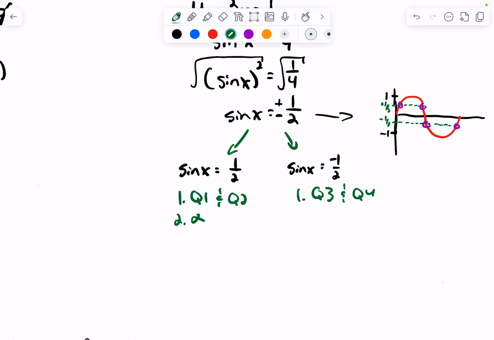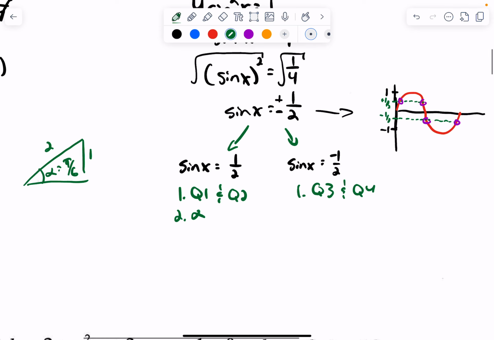What alpha gives you the ratio where the opposite is 1 and the hypotenuse is 2, because it's a sine ratio? That would have to be pi over 6. So alpha is pi over 6. And because it's the same 1/2 on this side over here, alpha is still just pi over 6.